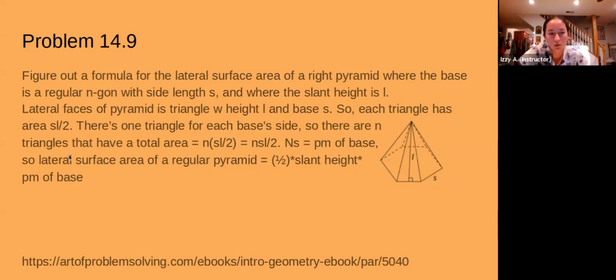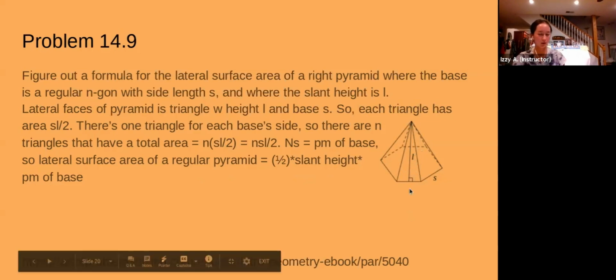So the lateral surface area of a regular pyramid is 1/2 times the slant height times the perimeter of the base. Remember, the slant height is L in this case.